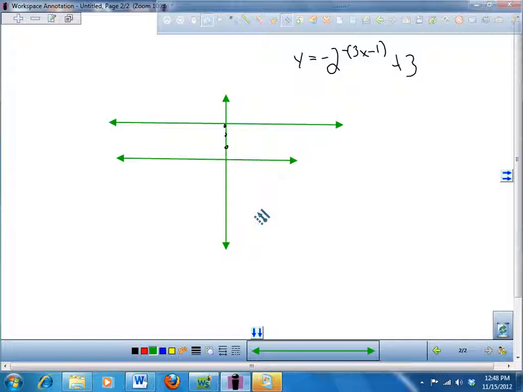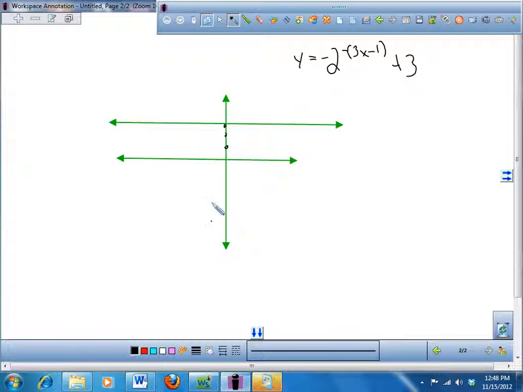But what's this going to do to it? It's going to take what was going to be going up this way, and flip it. I think it's going to look something like this, isn't it? Did you get something like that? Yep.